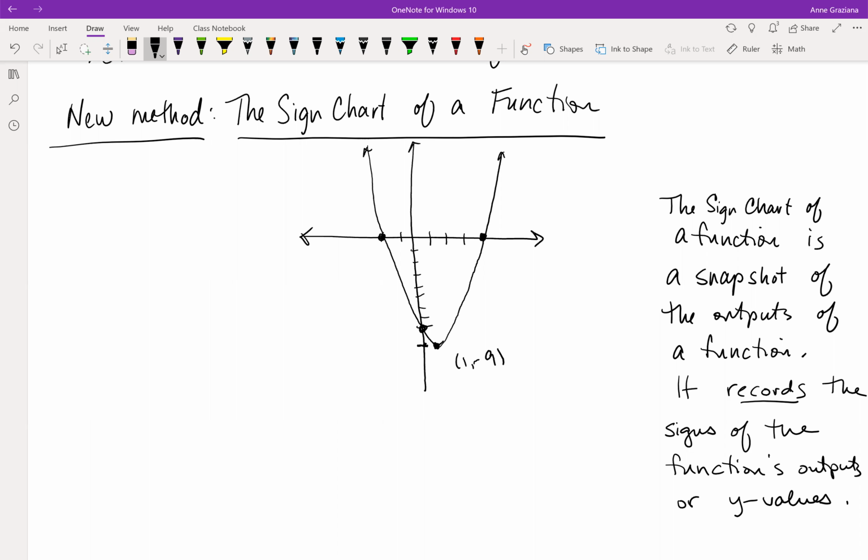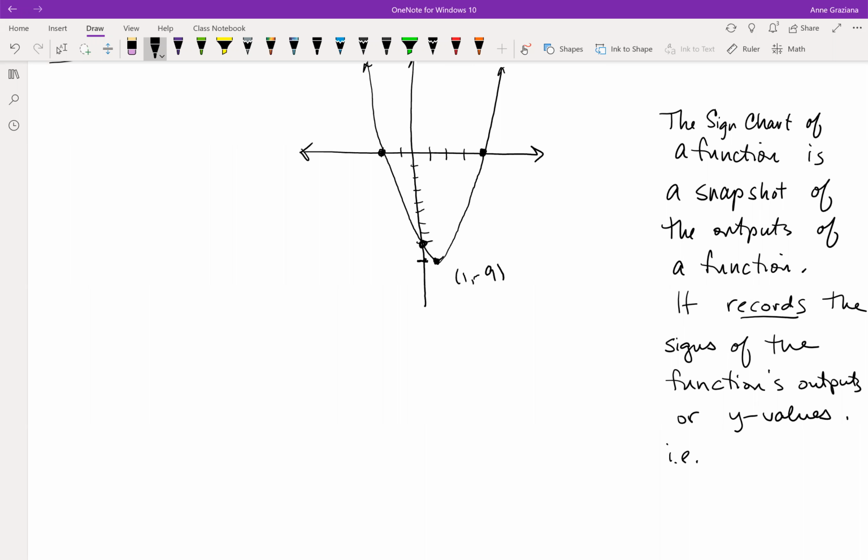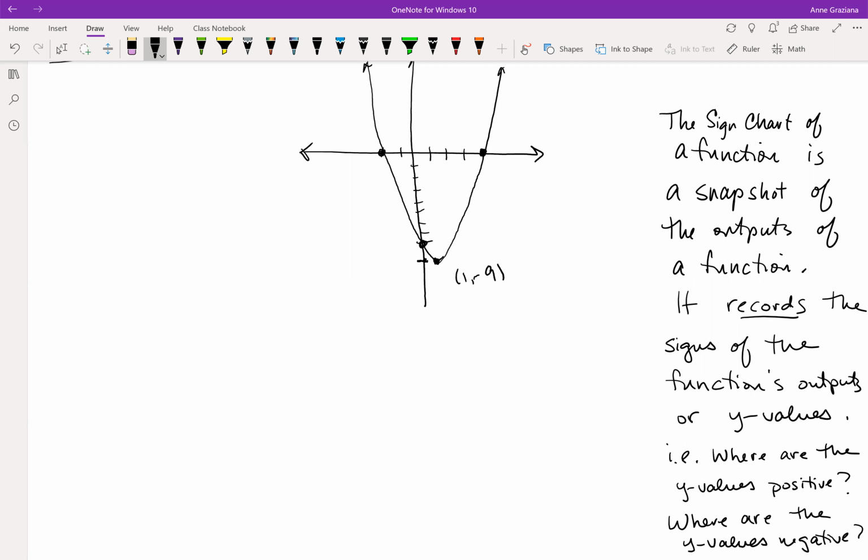I.e., where are the y values positive? Where are the y values negative?